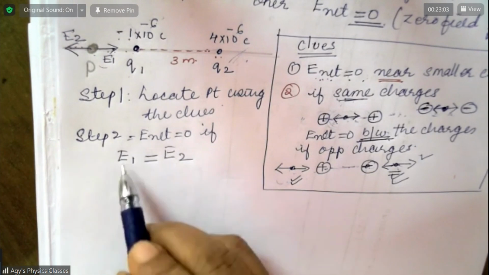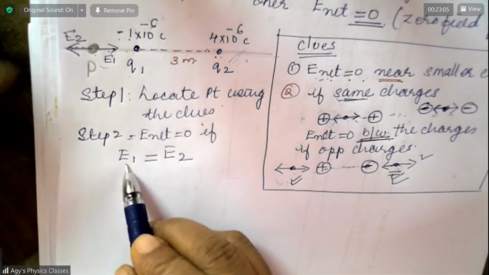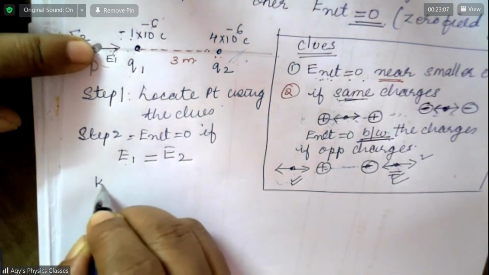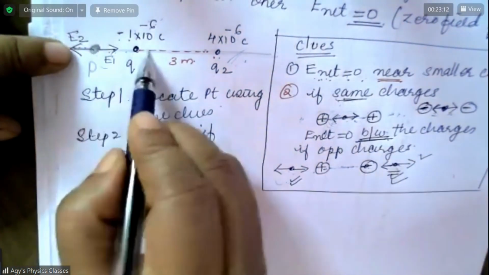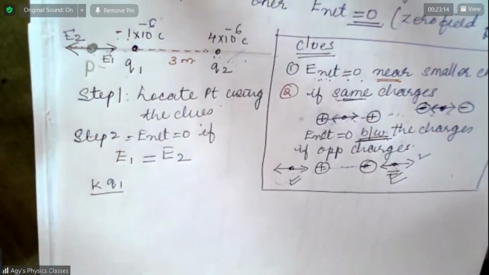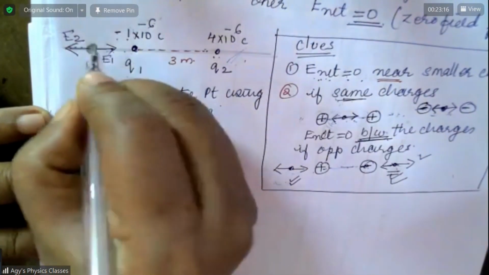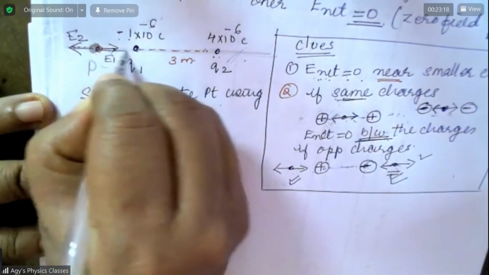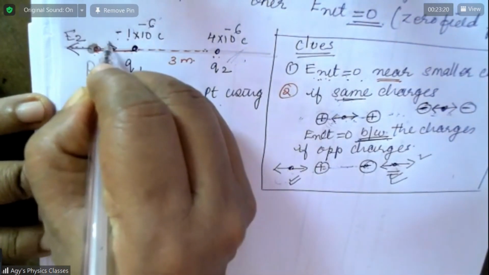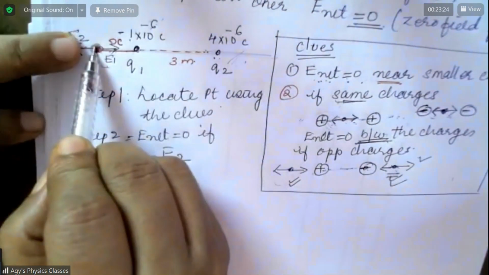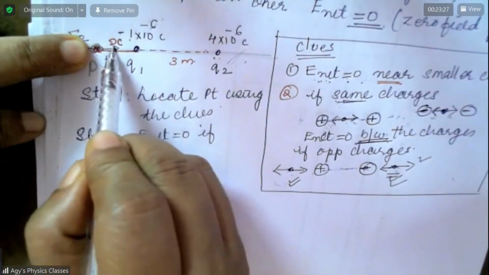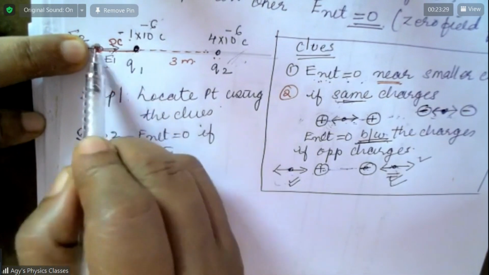Now you write the formula for E1. E1 is K into Q1 by, now what is the distance that you assume? That's the question. You assume that this point is at x distance, x meter from this one. This is the point which is x meter from the smaller charge.